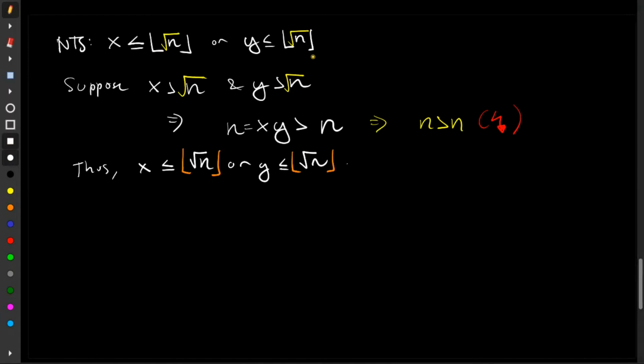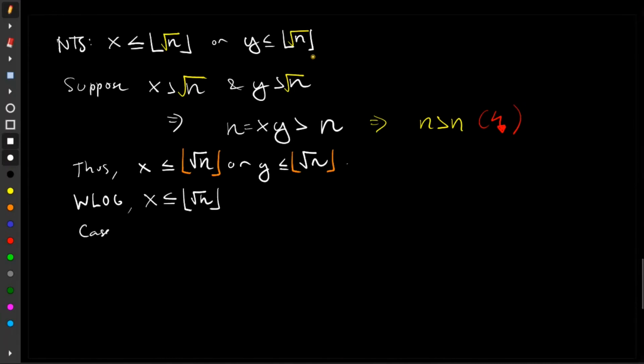But that would be a bit long if we repeat the process, so we use the idea of without loss of generality, since we're just dealing with arbitrary elements here. So this is fine. Without loss of generality, suppose that this one, since we're dealing with OR, is the element that is less than or equal to the floor of the square root of n.